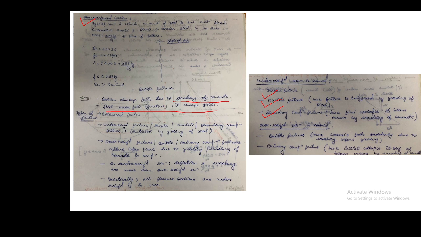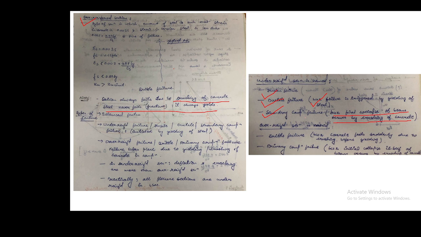It is called ductile failure because failure is triggered by yielding of the section. If a beam is under-reinforced, you can see deflections and a lot of deformation in the steel, but at the end the section will fail because of crushing of the concrete only. That's why it is called secondary compression failure.